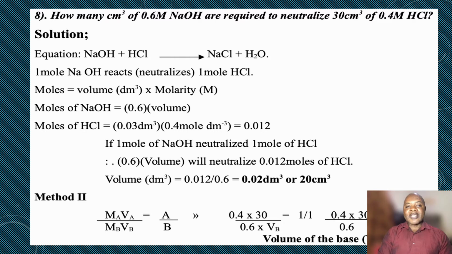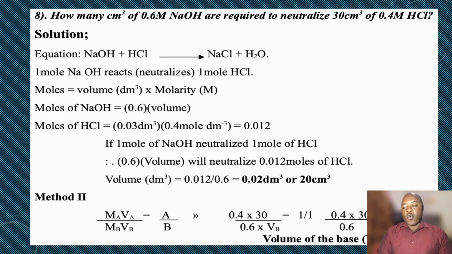Once more, since 1 mole of sodium hydroxide reacts with 1 mole of hydrochloric acid, we calculate the moles of hydrochloric acid and the moles of sodium hydroxide. For sodium hydroxide, it will be 0.6 times volume in dm cube, which will be equal to the moles of hydrochloric acid, which is 0.012.